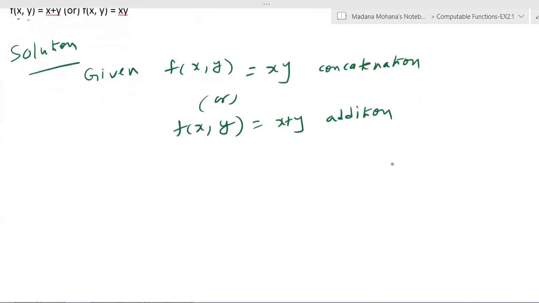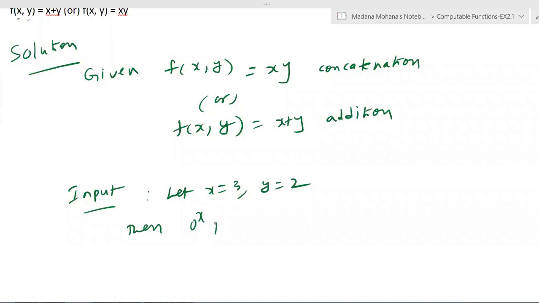So now, let us assume the input: let x equal to 3, y equal to 2. Then it is represented as 0 power x separated with digit 1, then 0 power y, equal to 0 power 3, 1, 0 power 2, stored on the tape.